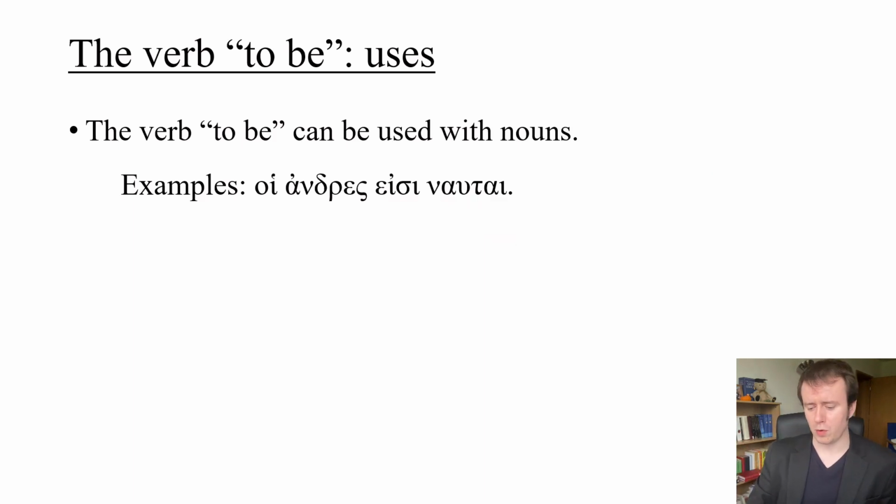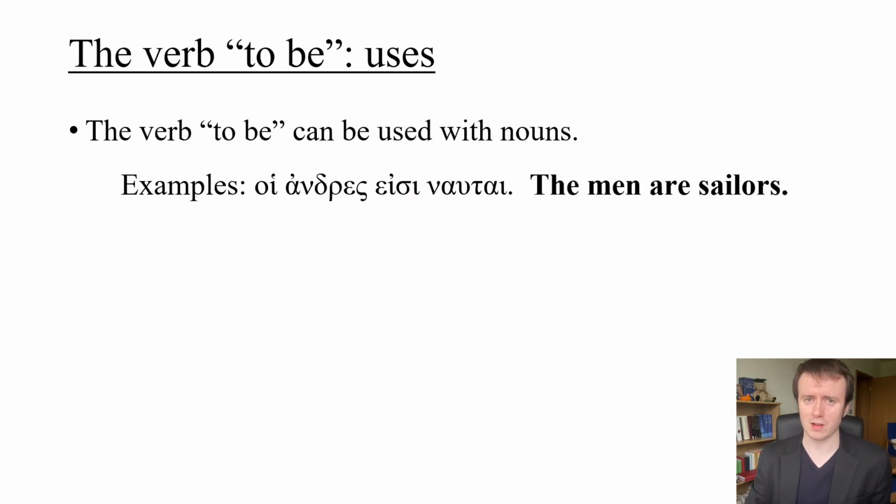So that's our first example of the verb to be being used with a noun. In other words, the verb to be having a noun as its complement. So, hoi andres eisi nautai means the men are sailors. Let's look at a second example, iatros eimi.